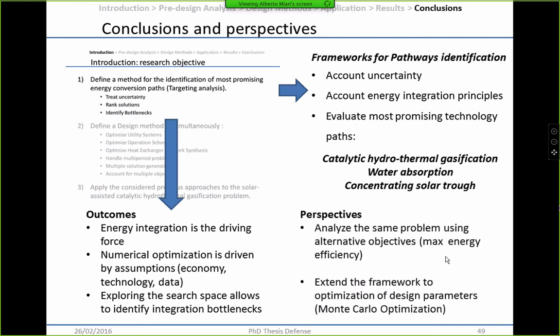It would be nice to have the same analysis for the same infrastructure considering different objectives in order to have a more detailed view of the problem. And it would also be useful to extend the framework to the optimization of design parameters, including the heat exchanger network.